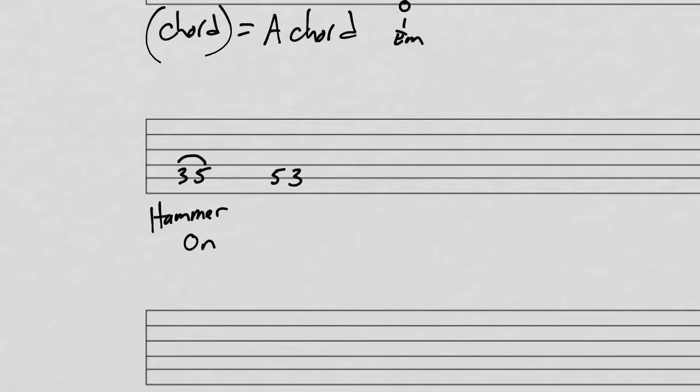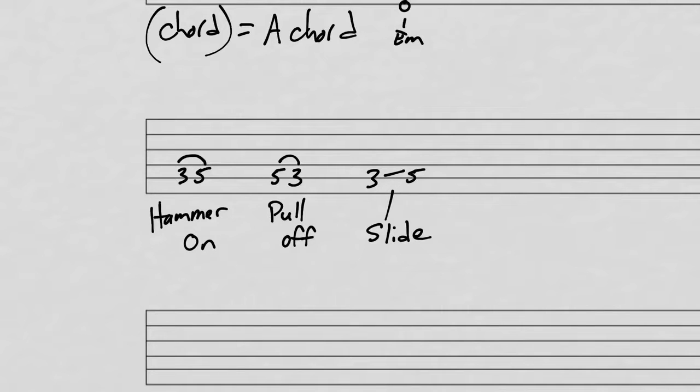Let's say you wanted to go from 5 to 3. And then you see that little line on top there. That means to do a pull-off. Okay? Let's say you wanted to go from 3 to 5, but you wanted to do a slide. Then again, you're going to see something that looks like this, a little line in between, which means you're sliding from 3 to 5. Okay?